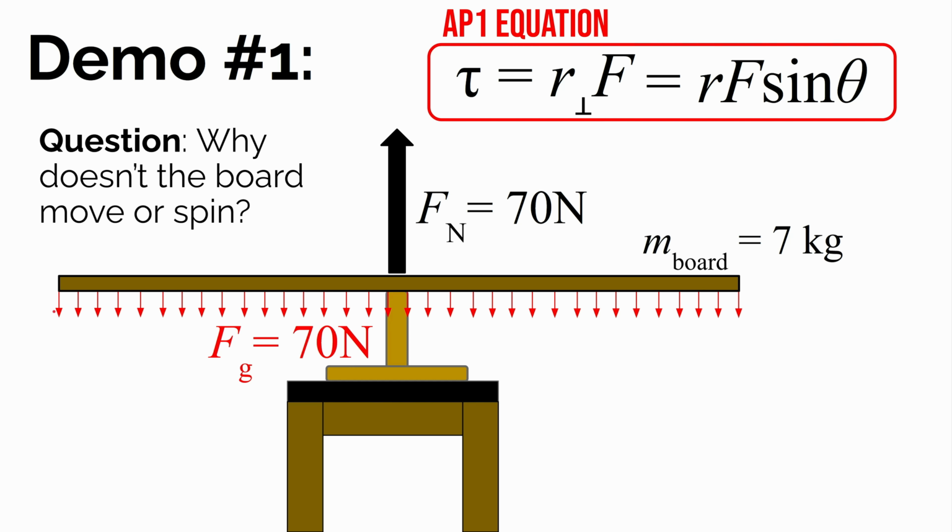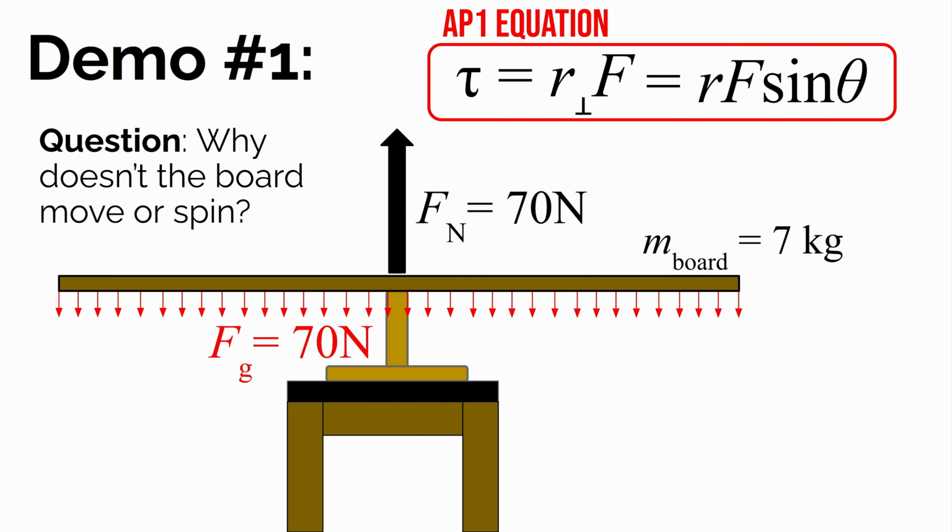But if we think about it, each one of these forces kind of has a counterpart. The little forces on the end are exerting torques, but they're the same size force at the same distance, so those torques would cancel each other out. And the same thing would be true with every other force. It has its own counterpart. So even though there's a lot of torques on the board, all of those torques cancel out.